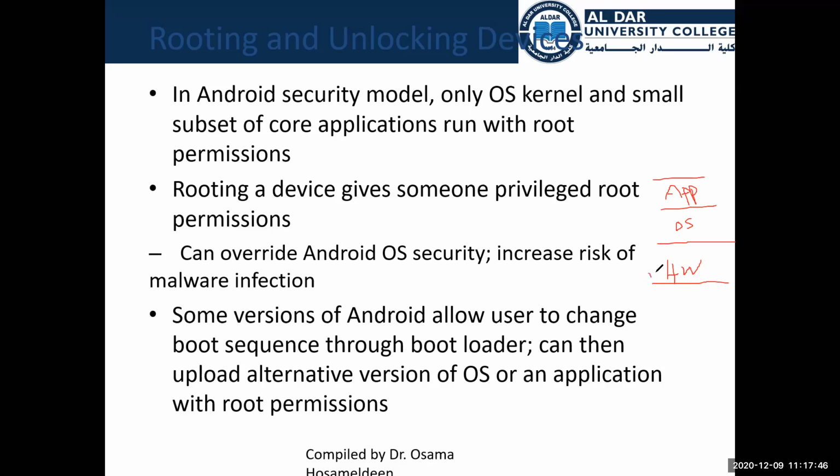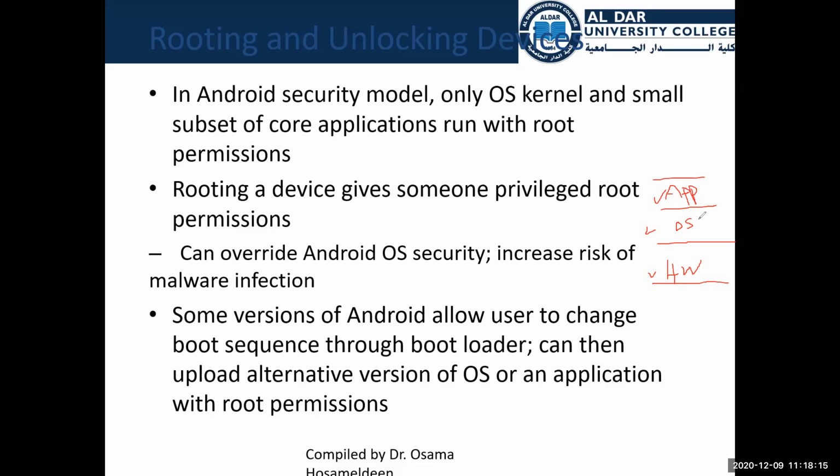The lowest one is the hardware level, and the one in the middle is the operating system that runs the application on the hardware, and the application is installed on the operating system. Now, the operating system has higher privilege than the application, so it has more permissions compared to the application.